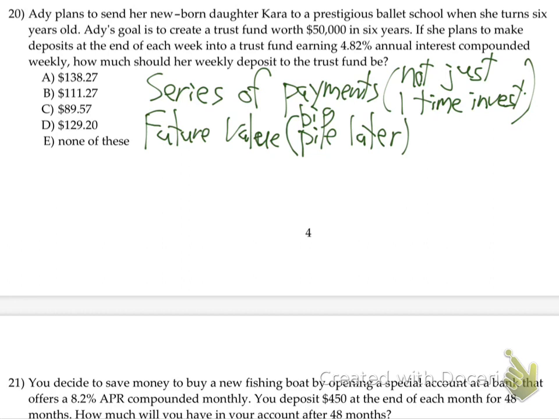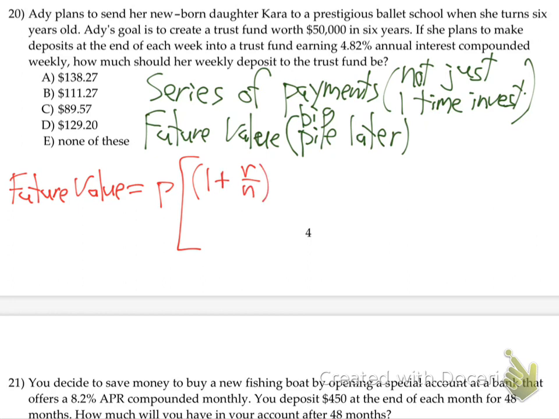She's trying to save up for 6 years from now. Okay, so the future value formula is FV equals P, big bracket, (1 plus R over N) to the NT minus 1, all over R over N.